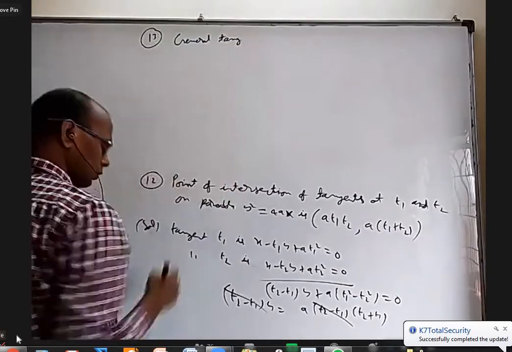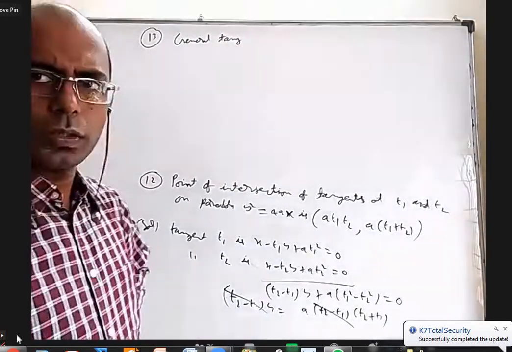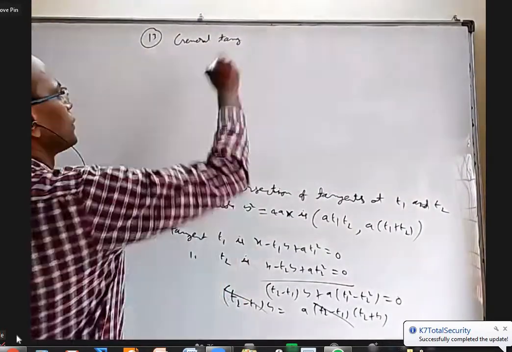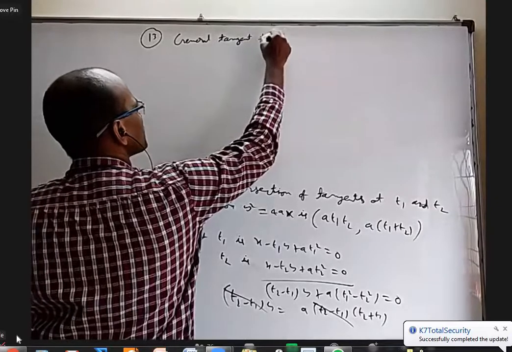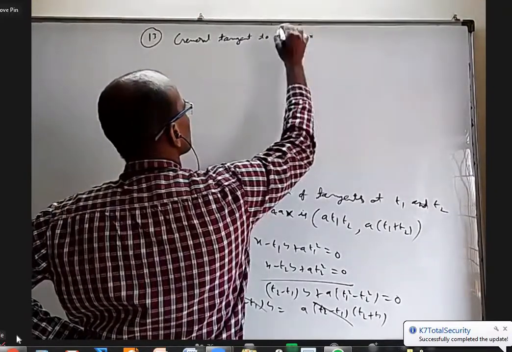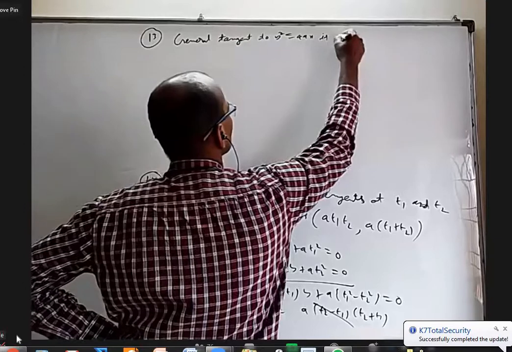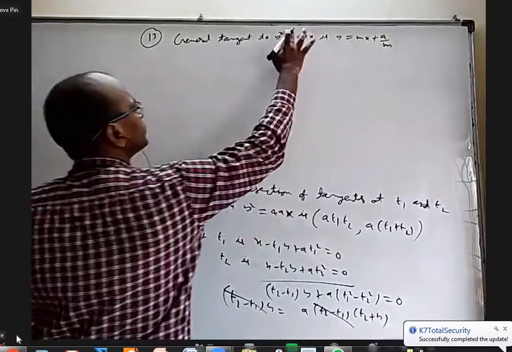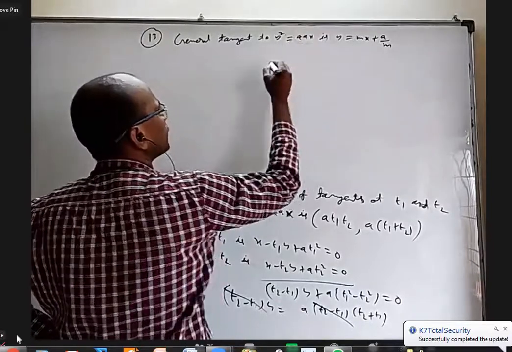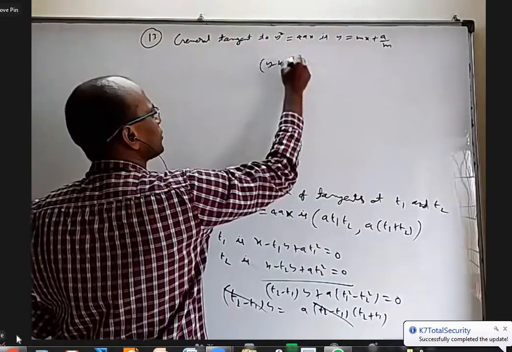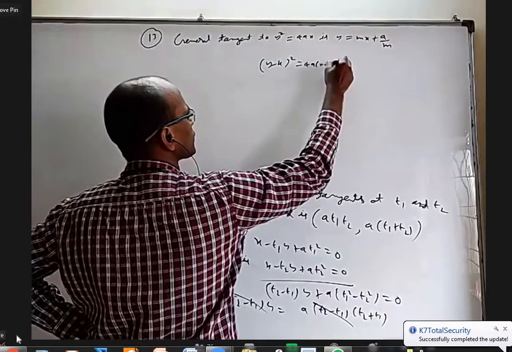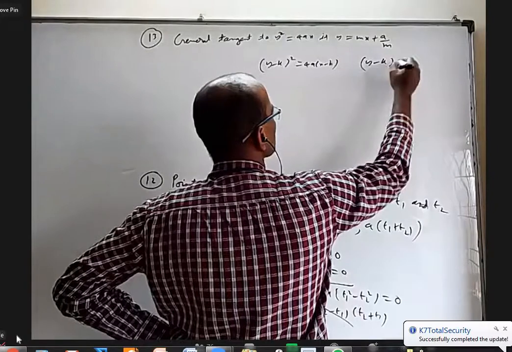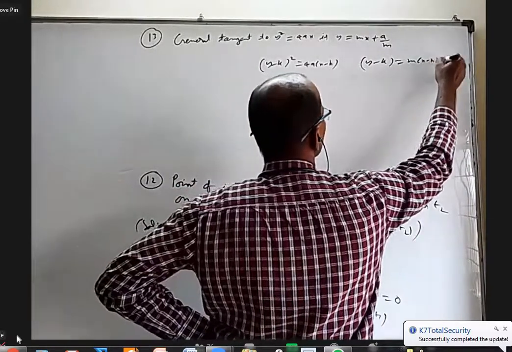General tangent. General tangent to y square equal to 4ax is y equal to mx plus a by m. If it is y minus k whole square equal to 4a into x minus h, then it is y minus k is equal to m into x minus h plus a by m.